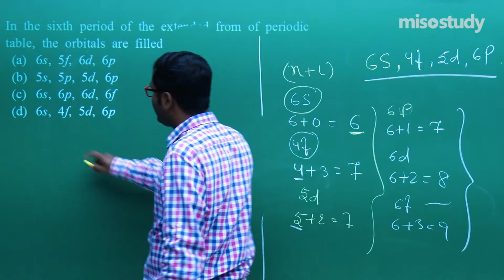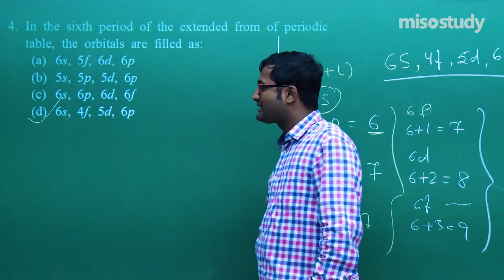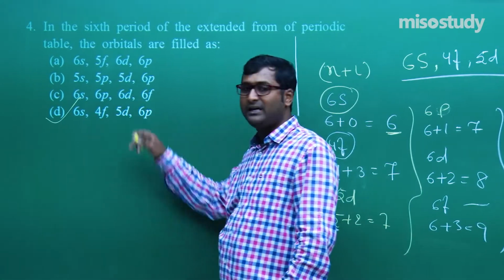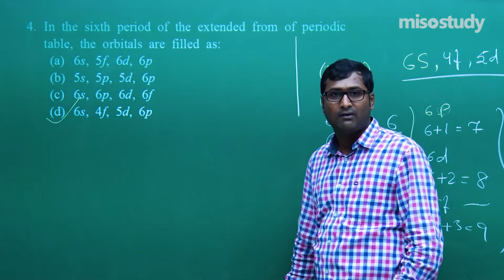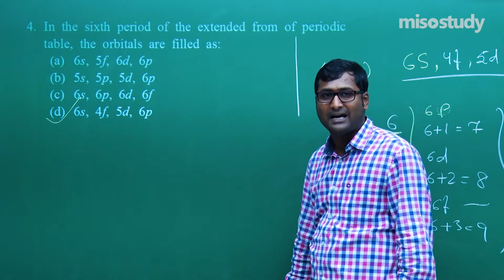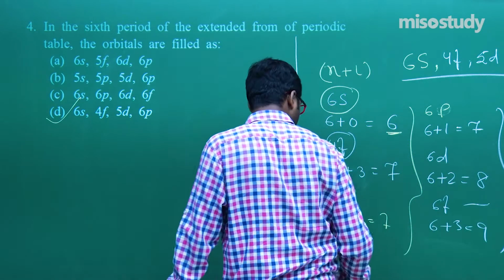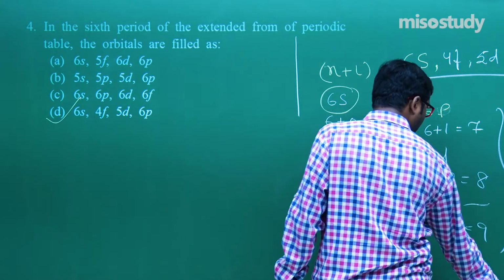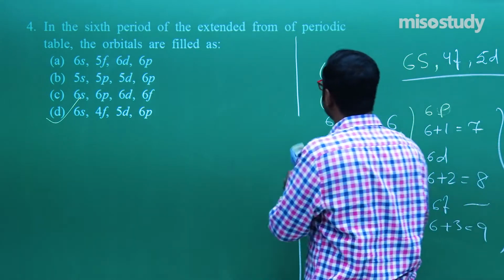So what is the option here? 6s 4f 5d and 6p. So for question number 4, D is the correct option. Am I right? Yes sir, you are definitely right. Now I'm going to rub this part and we'll discuss the next one. Wait for a moment.